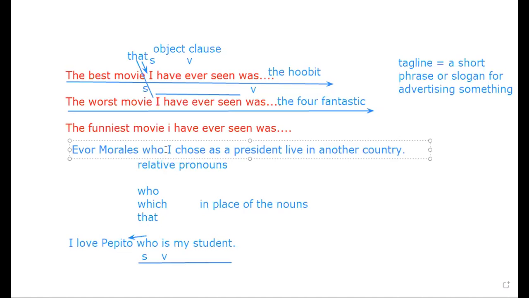Can I delete "who" or not? No, you can't. It's possible. Evo Morales, I chose as a president, lives in another country. It's possible.